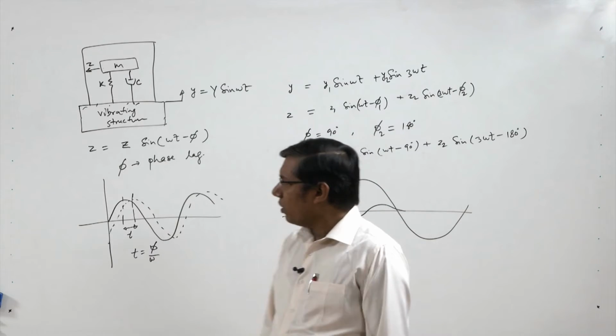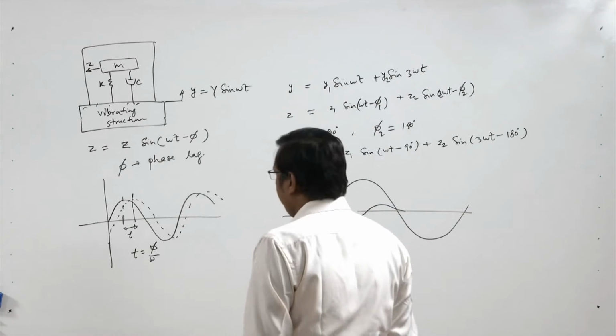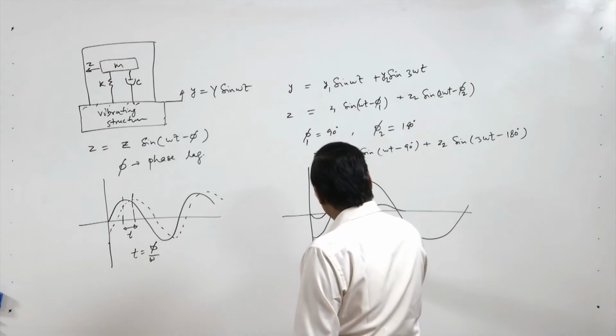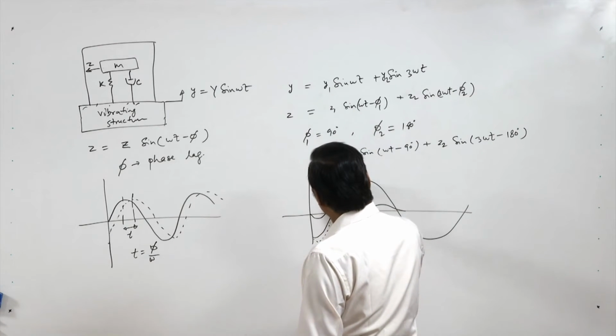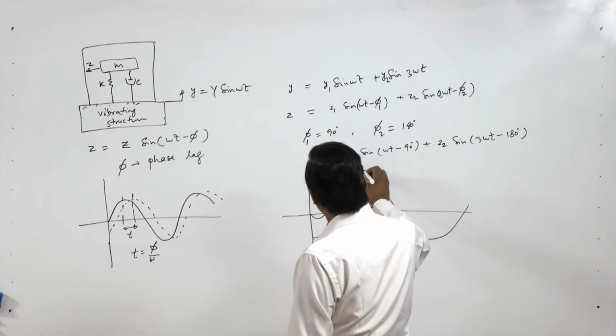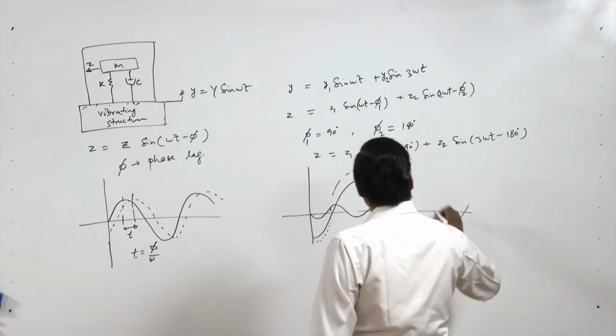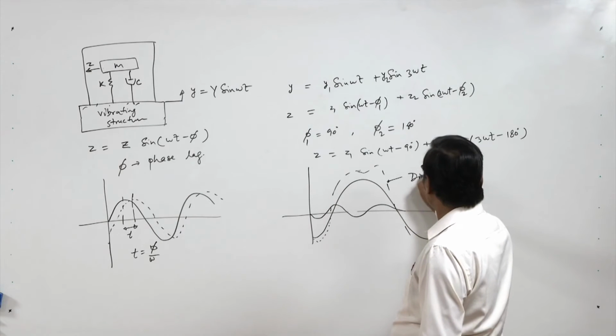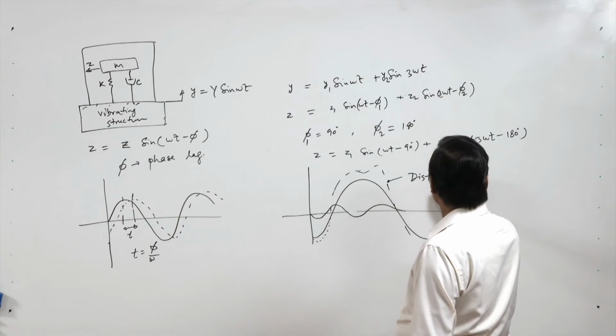The resultant of these signals will be something like this. So this is a distorted signal.